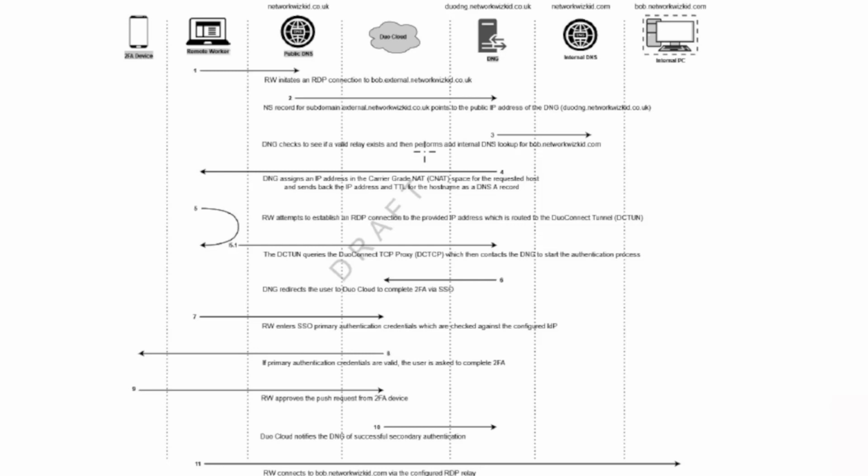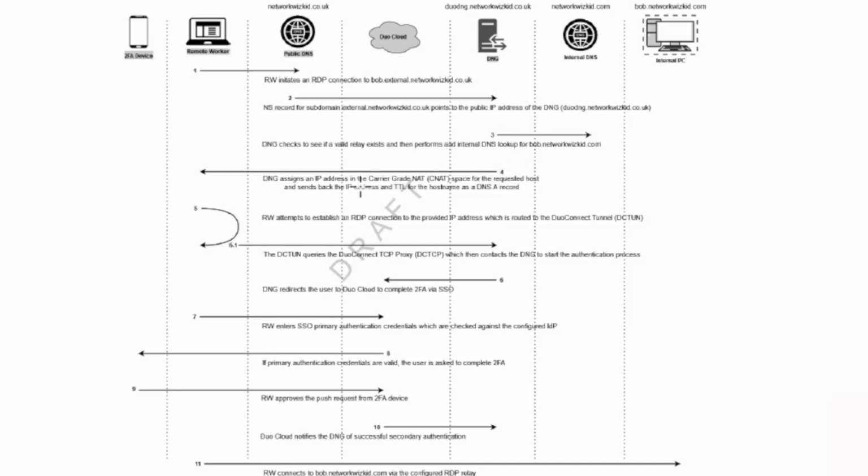But yeah, this essentially says in step 3, once we have done the public DNS lookup, which points to the public IP address of the DNG, once that traffic is relayed then to the DNG, what we're going to do from a DNG perspective is then perform a lookup on our internal DNS for bob.networkwizkid.com, and that then will essentially return the IP address for that RDP host.